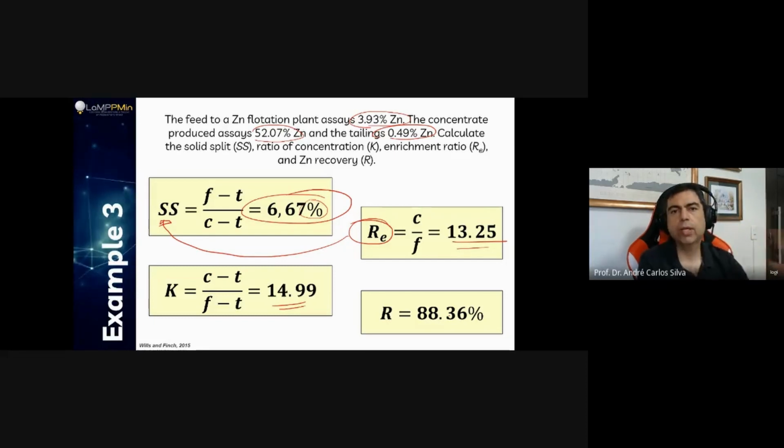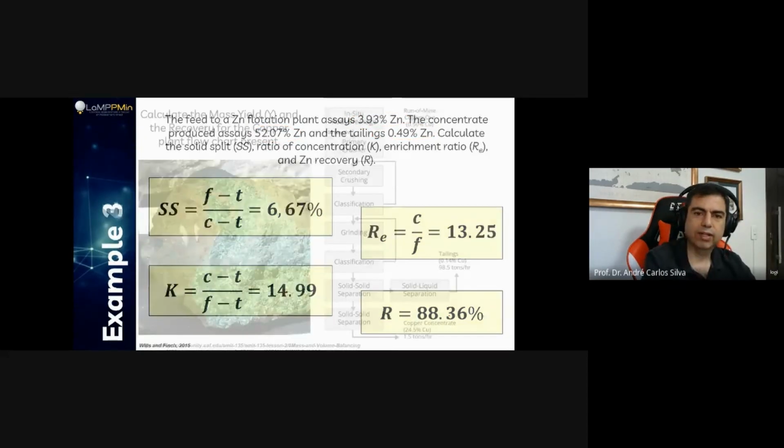So we take one unit as being the feed, and then we can evaluate all the rest. That's possible. Then you can come with calculations like this: for every ton that I feed my plant, how many kilograms I'm going to produce as zinc concentrate. So this also works and helps a lot when you don't have the correct amounts of the flows. So just another regular example.